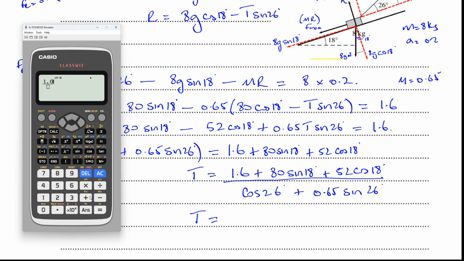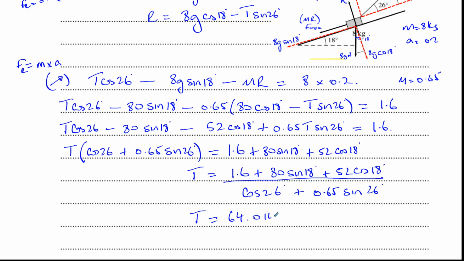So 1.6 plus 80 times the sine of 18, plus 52 times the cosine of 18, divided by cosine of 26 plus 0.65 times the sine of 26. And that should give us the correct answer, which is 64.014, it goes on and on. So we want to give our answers always to 3 SF, so 64.0 newtons, and that is the value of the tension.